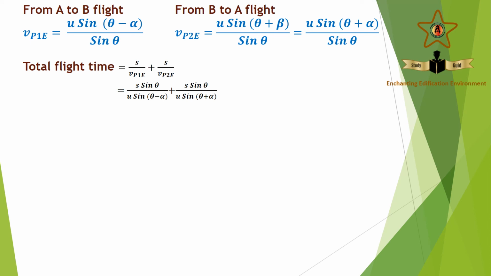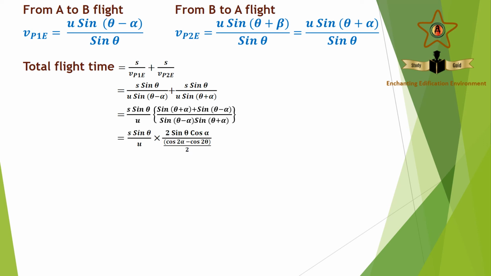That becomes s sine theta over u sine (theta minus alpha) plus s sine theta over u sine (theta plus alpha). Now s sine theta over u is common and the LCM is going to be sine (theta minus alpha) into sine (theta plus alpha).